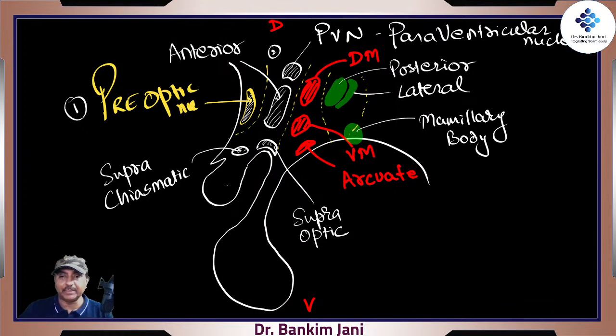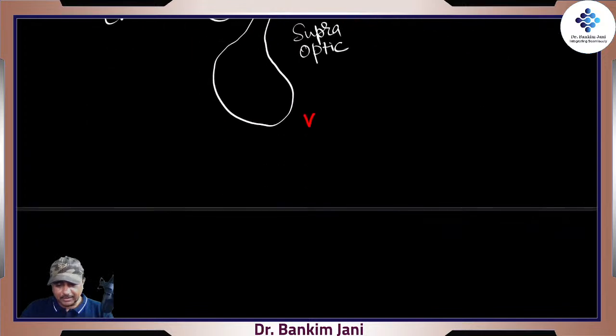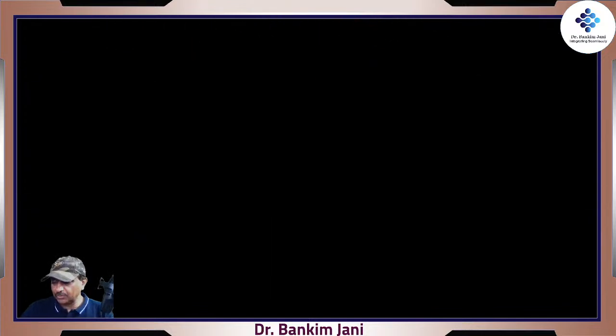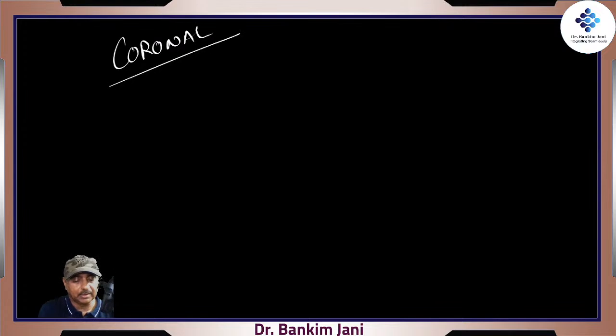Now we'll be diving deep into all the zones individually, because now we have the nuclei in front of us. Let's go back to the point where we left. We were talking about the coronal section, and in that we talked about the periventricular zone.